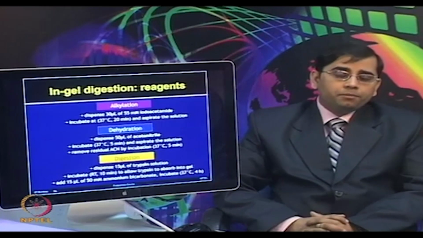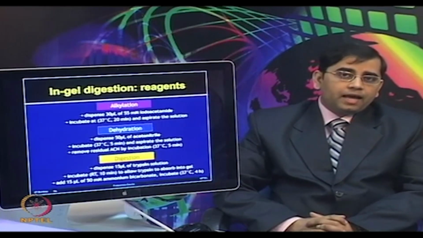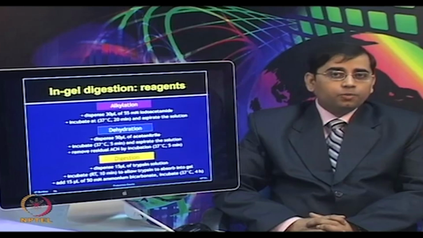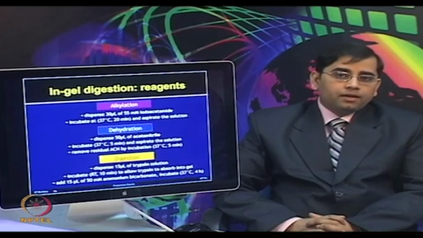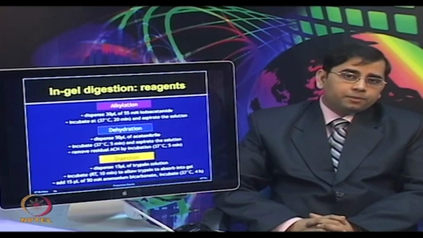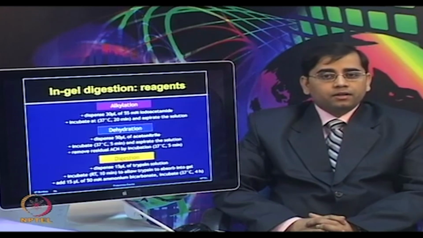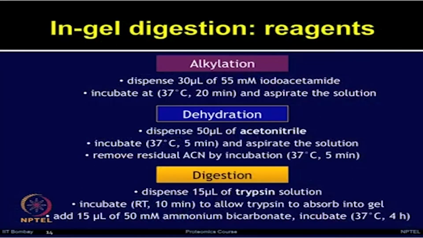Continuing on the same theme of in-gel digestion and the various steps required to perform such an experiment, let us now look at the next step, which is alkylation. In the alkylation, you need to add iodoacetamide.